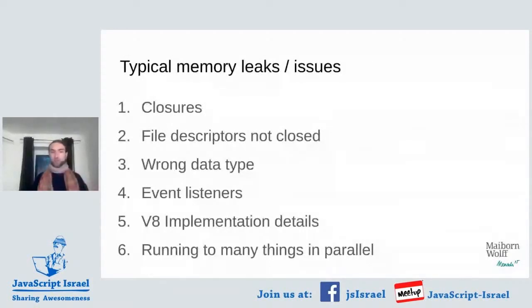First of all, it's the closures. In JavaScript, we have a lot of closures, and sometimes it's tricky to identify how objects are interacting with each other and when they are really still referencing each other. And we can confuse the garbage collector in a way that it is not aware that memory should not be used anymore. And we have file descriptors in the Node environment which are not closed.